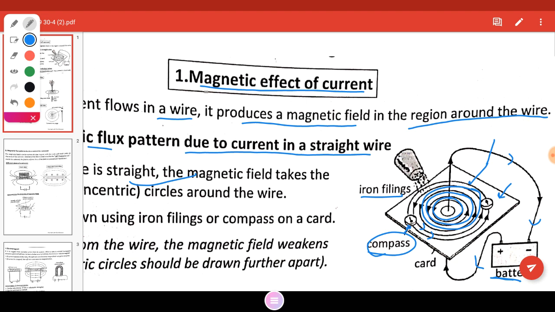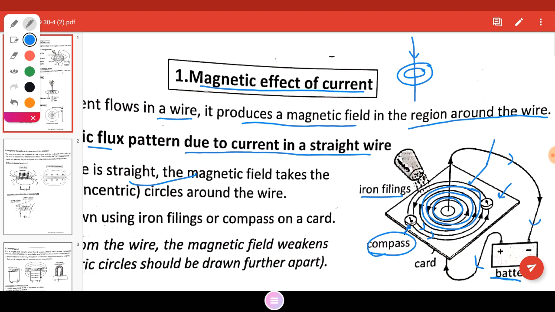How can you determine the direction of the electric current? By using Ampere's right-hand rule. If this wire is carrying electric current, a magnetic field is formed in the form of concentric circles.